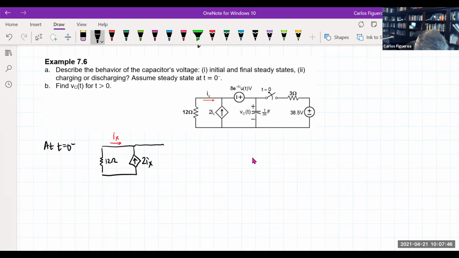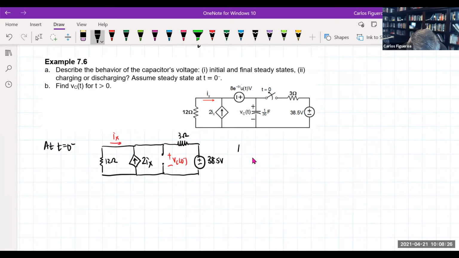Then I have a cap, and of course that cap has reached steady state, so this is going to give me Vc of 0 minus. And then I have a source in the circuit. What I'm seeing is that I'm going to have a voltage because of that 38.5 volt source, so I expect a value for that.